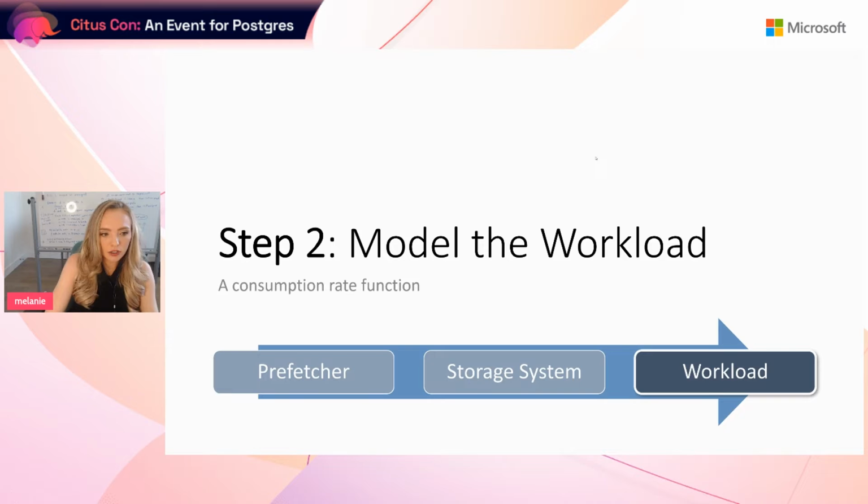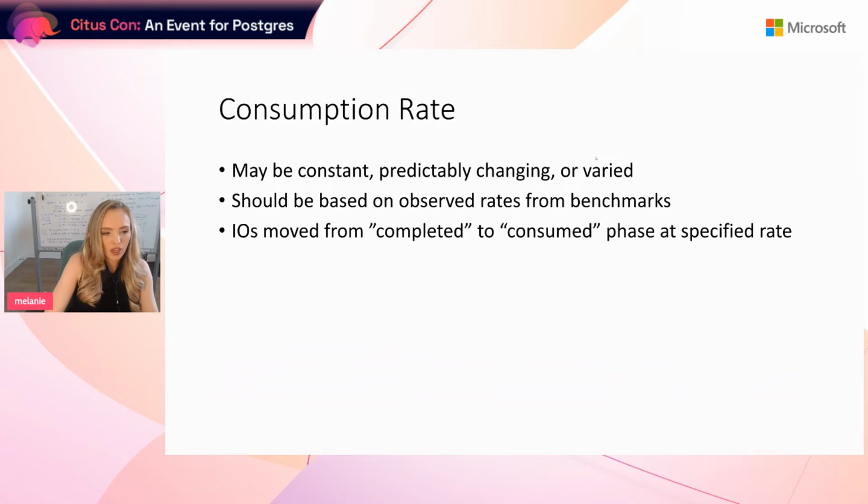When you're modeling the workload, pretty much the only thing that you have to do is define a consumption rate function. This is basically standing in for the query or set of queries or maintenance process that we're going to be prefetching for.